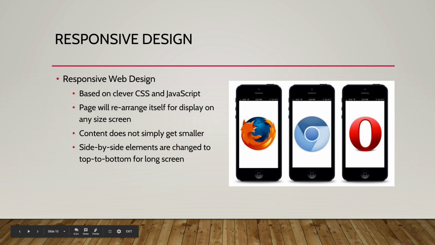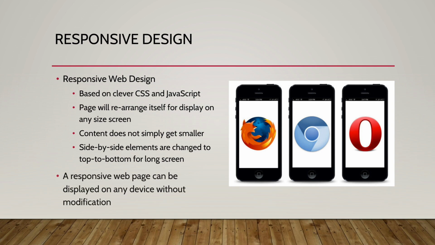So this is most often done by taking things that were side-by-side elements and changing them to be top to bottom for appropriate viewing on a long screen. So basically, you have one version of your web page, you make sure to use responsive web design practices, and then it can be displayed on any of the common devices that users might use nowadays without modification. It dynamically changes itself to fit the situation.